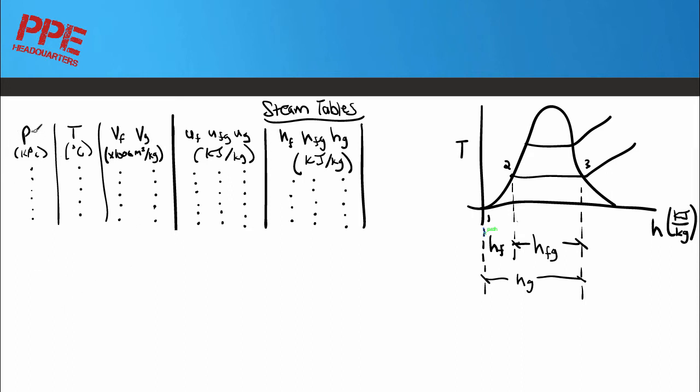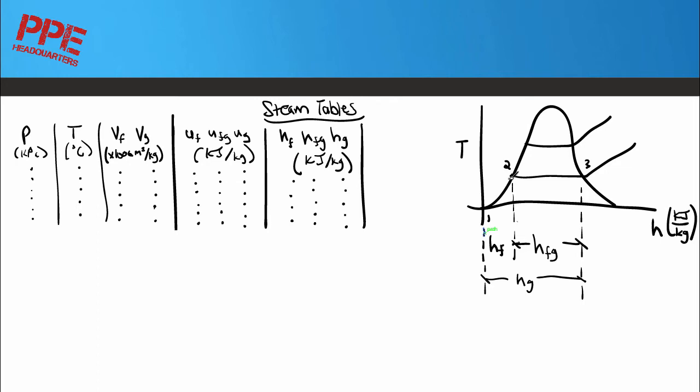So in your steam tables, you'll have pressure. These are called saturated steam tables. There's also another steam table called the superheated steam table. Superheated region, saturated regions. So over here, we're saturated liquid. Over here, we're saturated vapor or saturated gas or saturated steam. This region is our sensible heat.